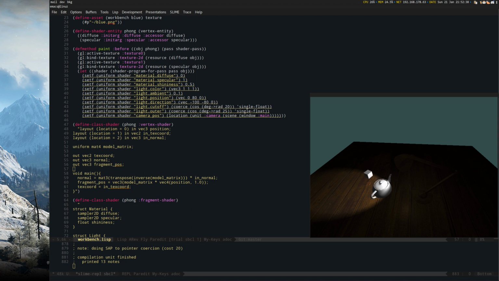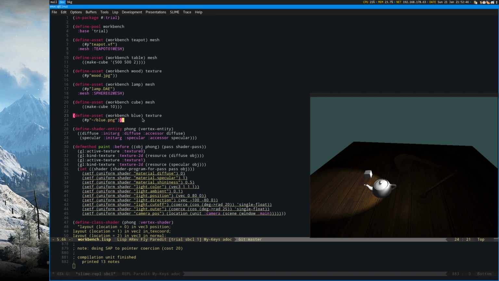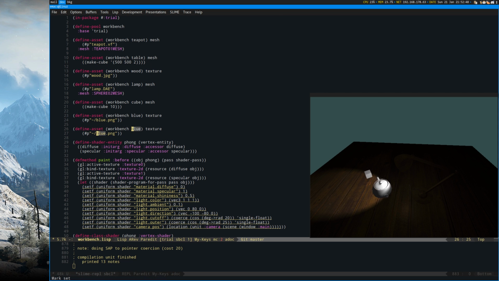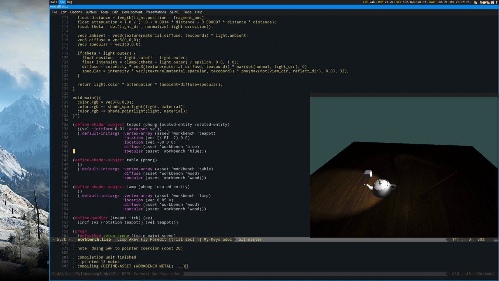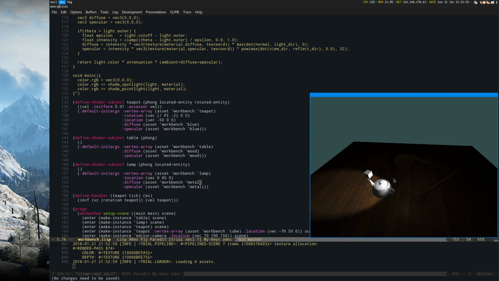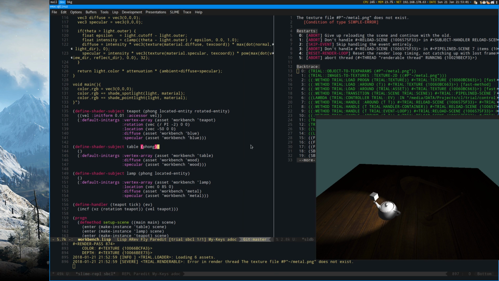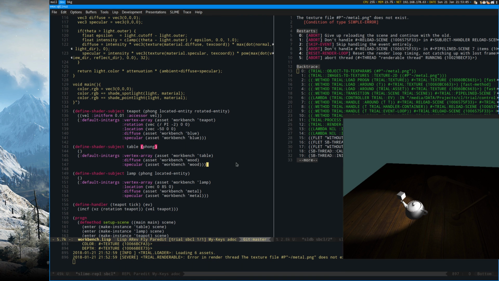Oh, fuck you. The JPEG? Where? Yeah, it is.